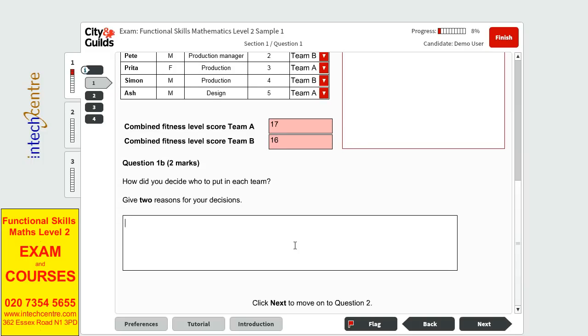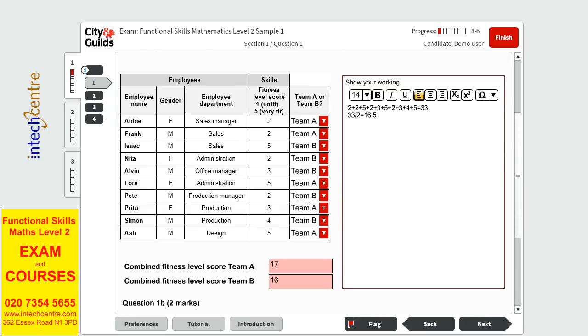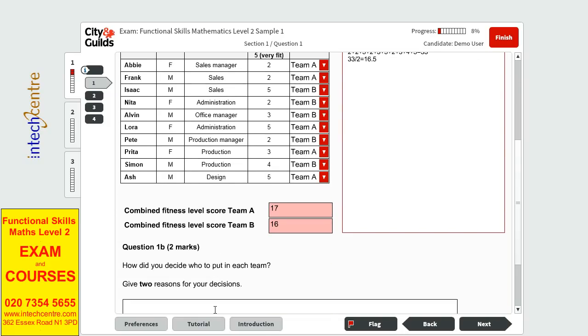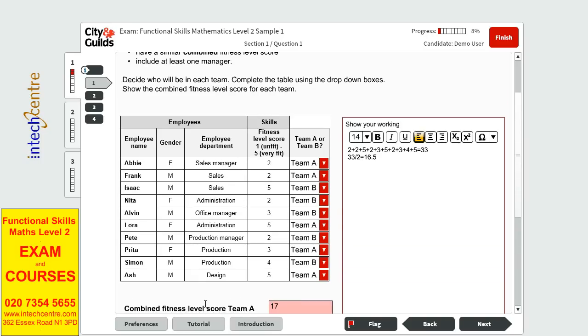Now the reason, two reasons for your decisions. How did you decide to put who to put in each team? So at the start of the question, they ask you to make sure that each team has a similar combined fitness level score and include at least one manager. So that's what we will write down. Each team needs to have at least one manager, I think it says.